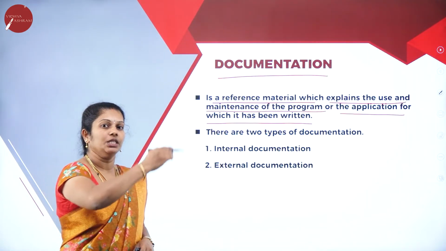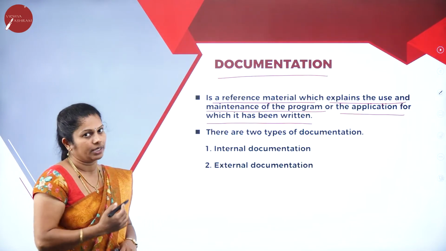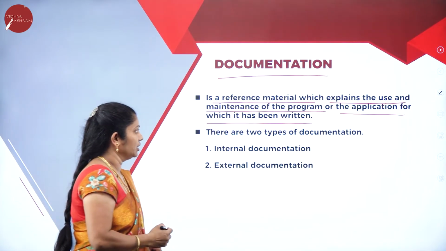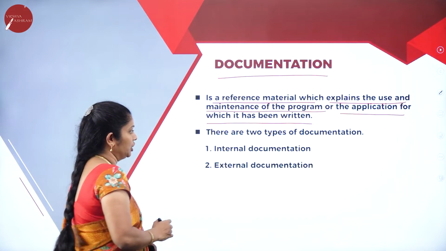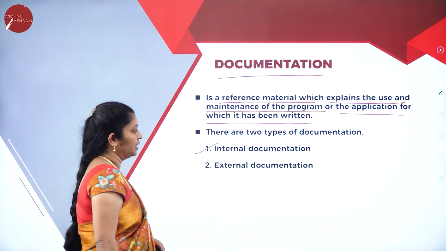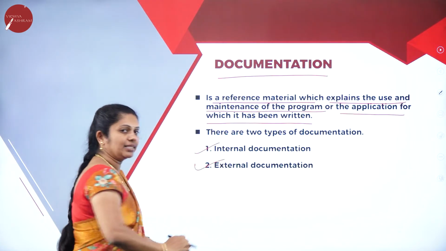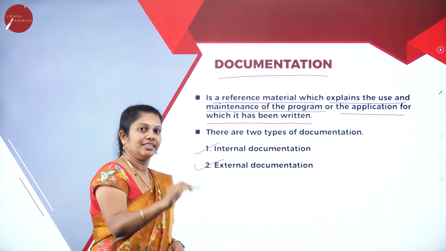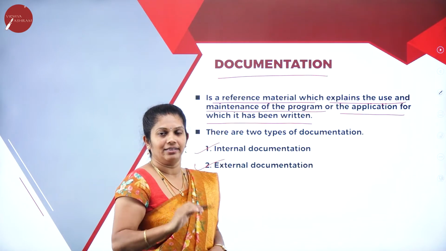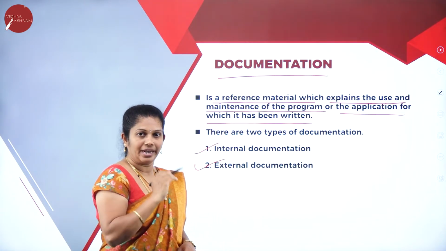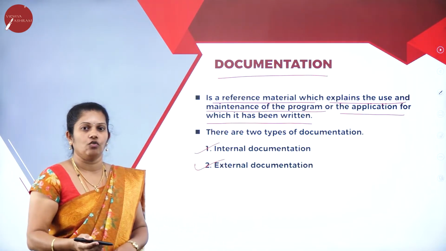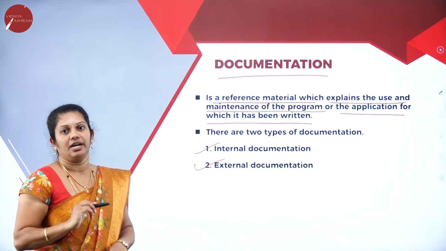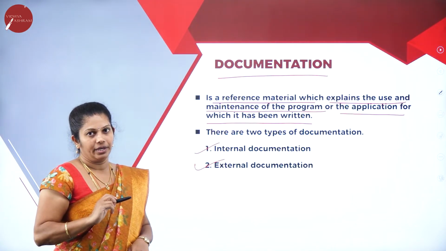All those things, the explanation regarding that program, can be called documentation. Documentation is nothing but writing the instructions, what exactly we have done, for which purpose we are writing this program, and what is the main use of that.